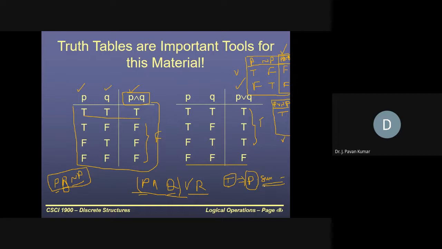But if you give a statement which is true for certain values but not all the values, then we can specify that by using the notion called a quantifier.